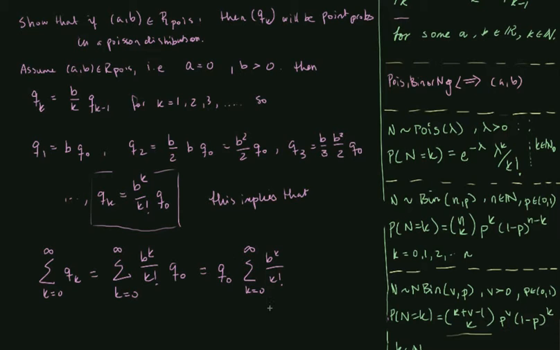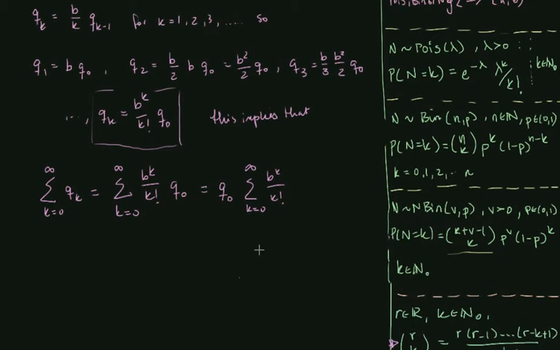And just recall that the sum of qk is the sum of point probabilities, which must be equal to 1. And this will then imply that q0 must be equal to whatever this sum is to the minus first, right?